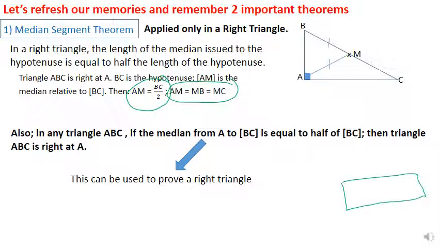You know that in a rectangle, the diagonals are equal. So if you just take this part, I'm going to color it. This is a right triangle where this line is called the median and is equal to the hypotenuse over 2 because it's half the diagonal. Okay, so this property came from the rectangle. So now it's called the median segment theorem.